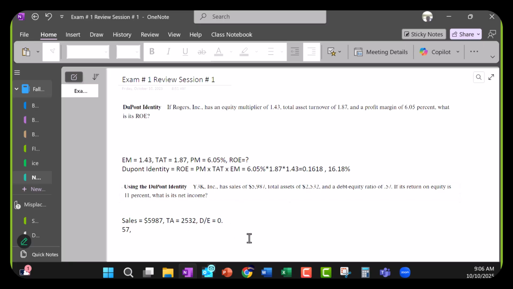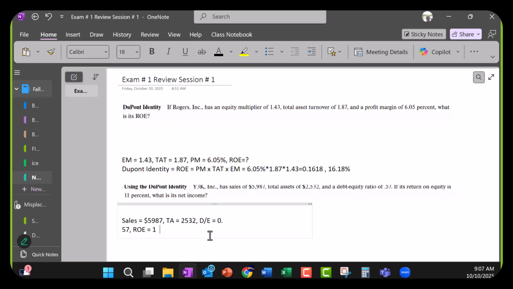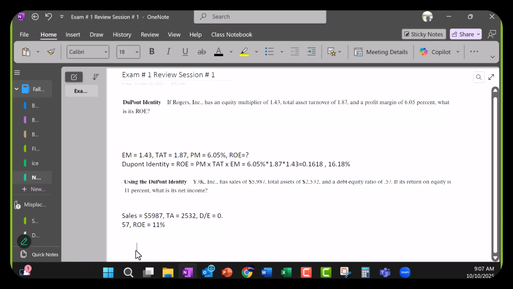Yeah. Okay. It's asking what is net income.